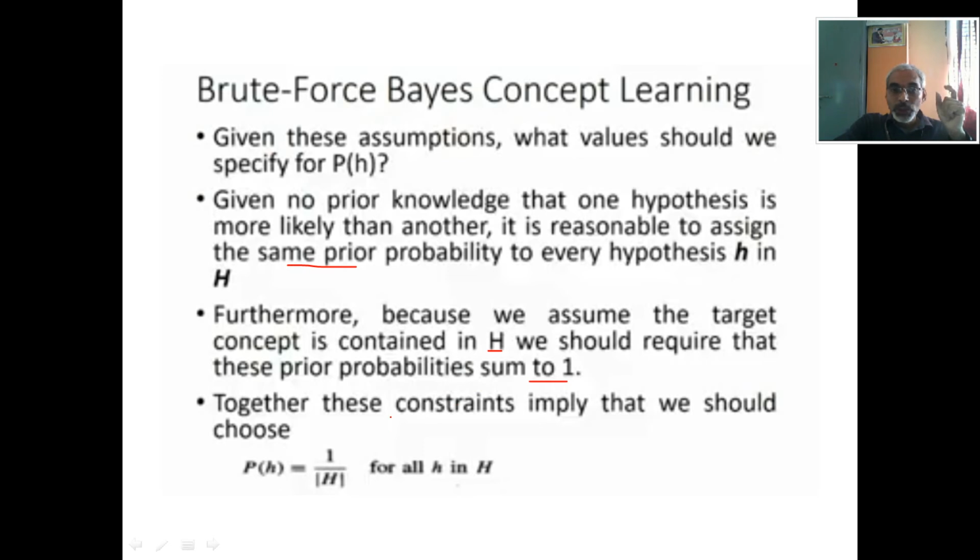Now with these constraints, we can say that the probability of H is equal to 1 divided by the modulus of capital H. That means for the set of all the hypotheses.